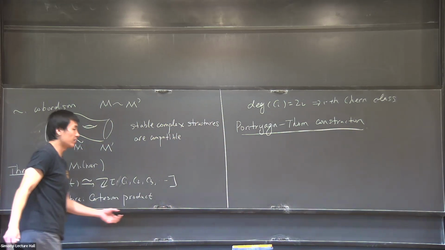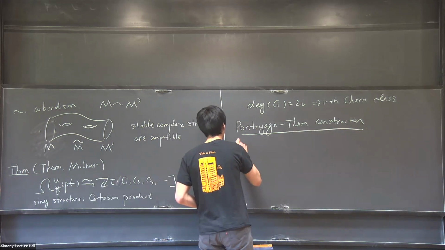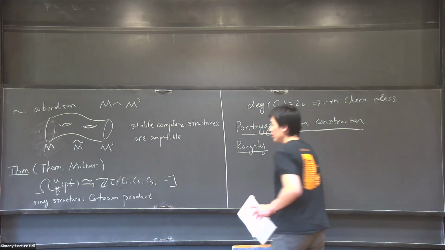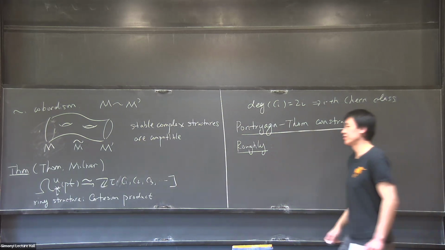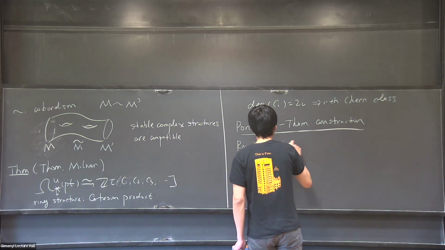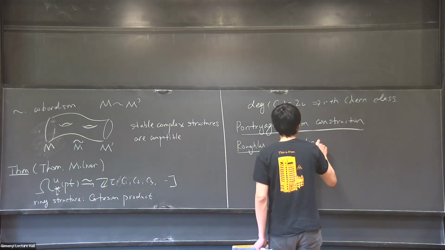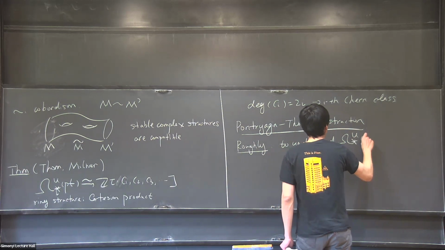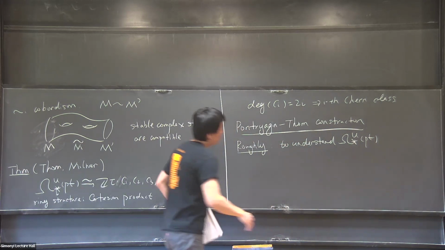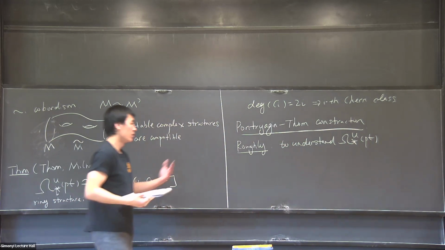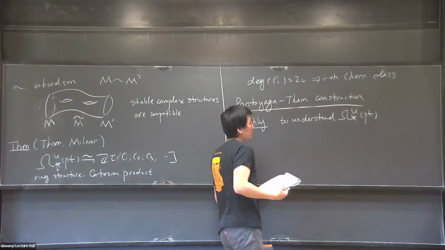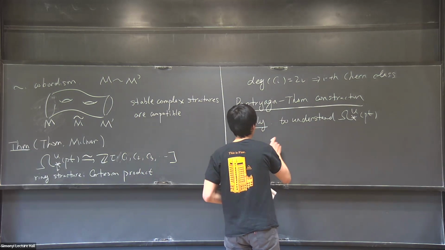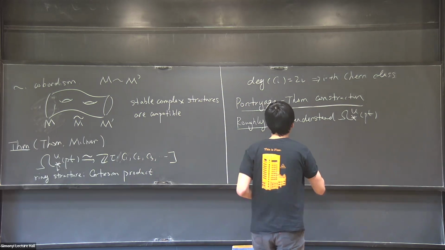Roughly speaking, it says that to understand this geometrically defined cobordism theory, one can instead look at some kind of collection of spaces, more or less coming from the classifying spaces of complex vector bundles, and consider their homotopy groups.